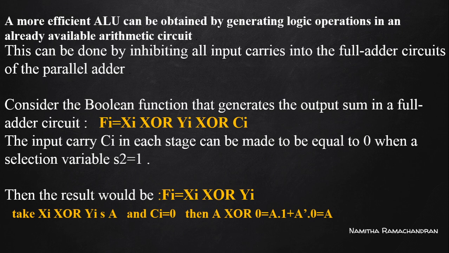Generate the arithmetic circuit first and understand which logical operations we want to perform. Then modify the already designed arithmetic circuit in order to implement the desired logic operations also.